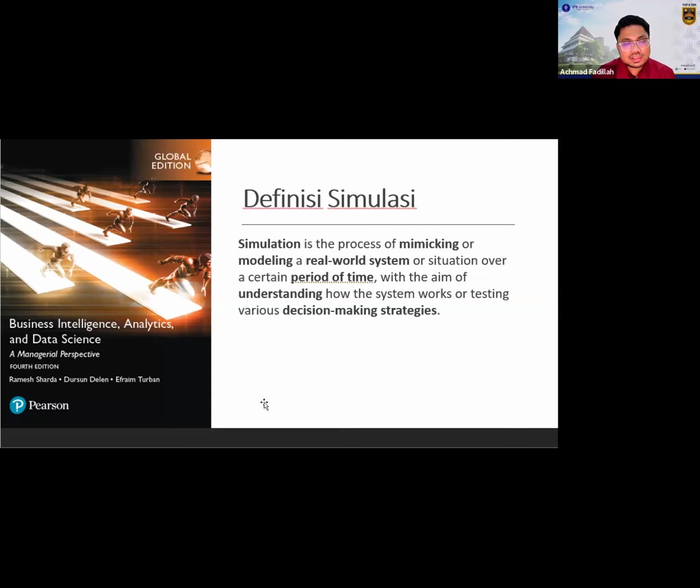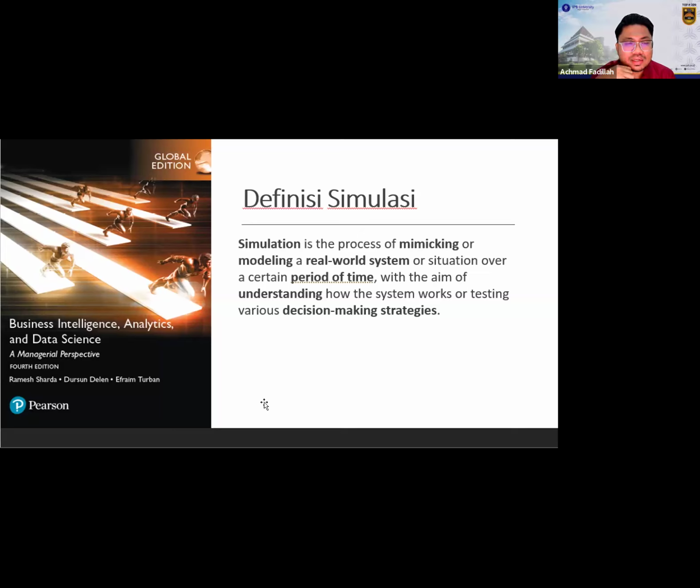This is the process of mimicking or modeling. You can call it mimicking something or modeling something. What is the something? Something is a real world system, a real world situation. The next clue is over a certain period of time. The real world is very complex, including the business situation.